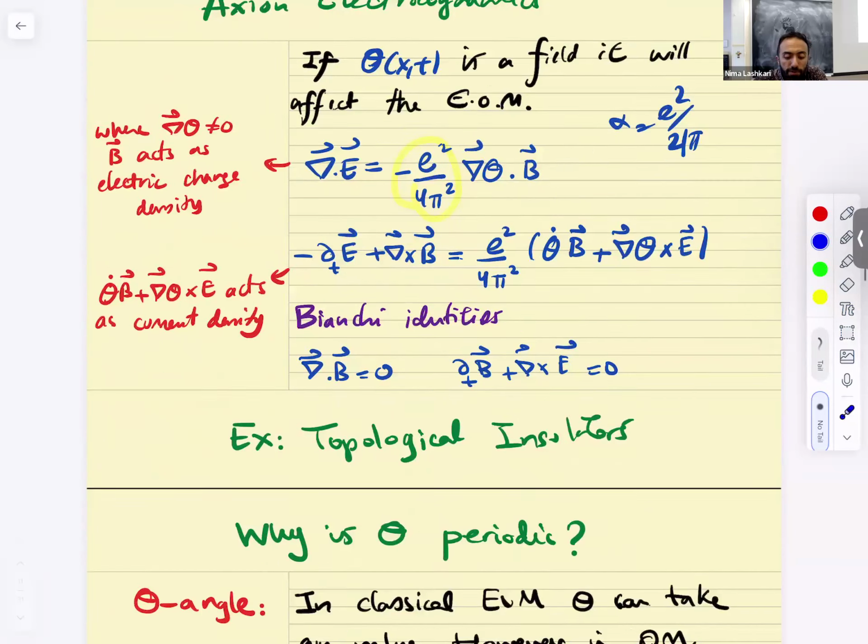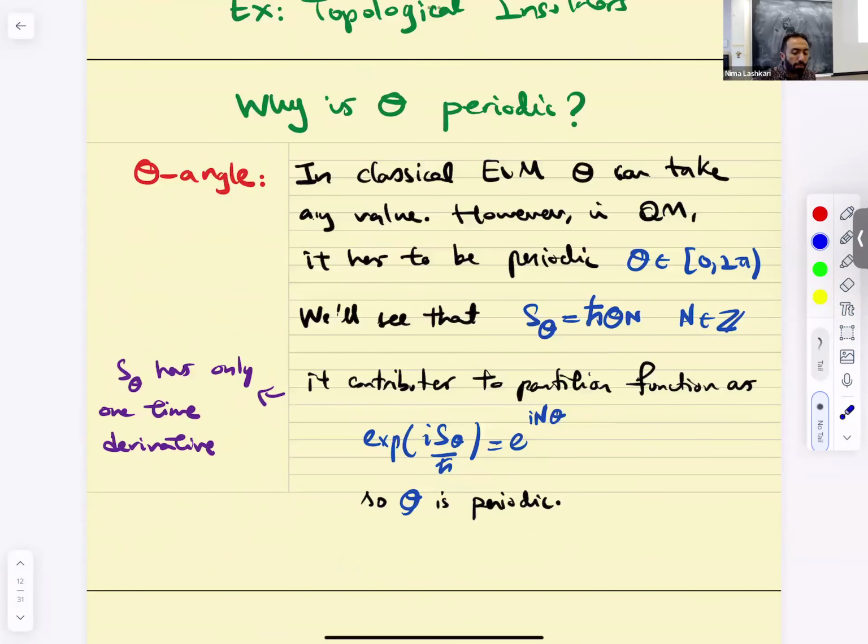Why is theta periodic? So here's where I messed up last time. In classical E&M, theta can take any value. However, in quantum mechanics, it has to be periodic between 0 and 2 pi. That's why we call it a theta angle. And we'll see that the origin of that is the fact that S theta becomes h bar theta times n, an integer.